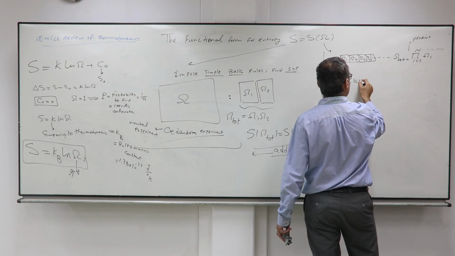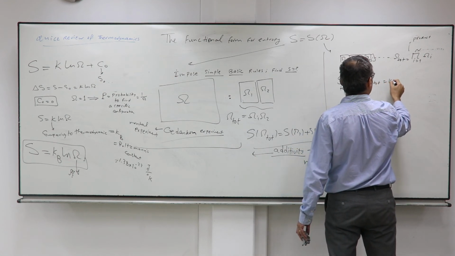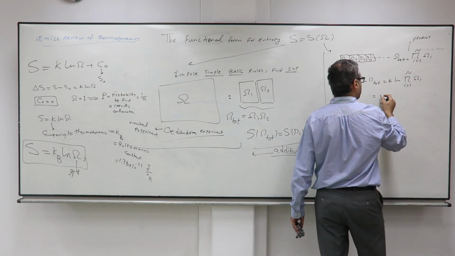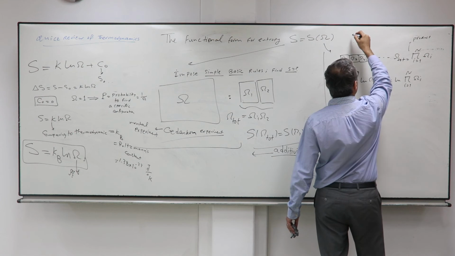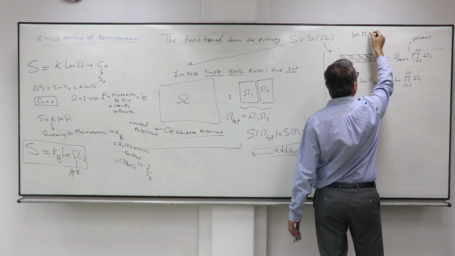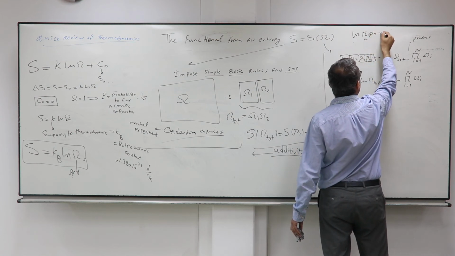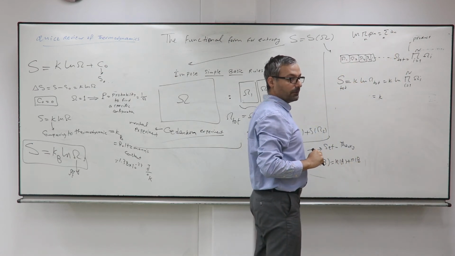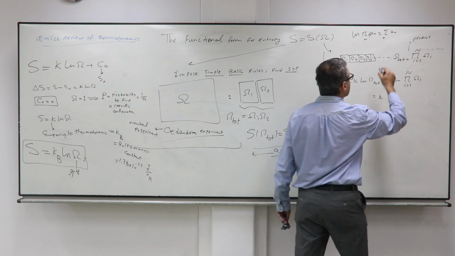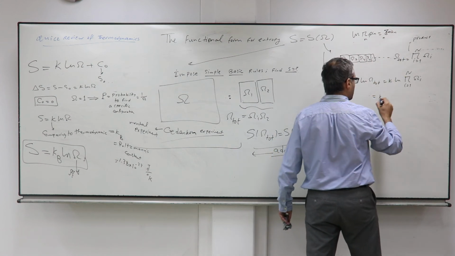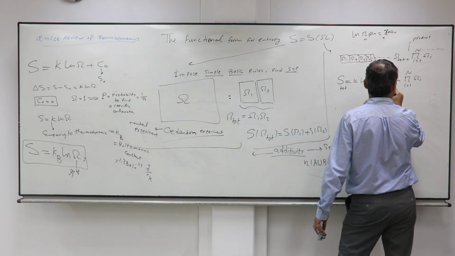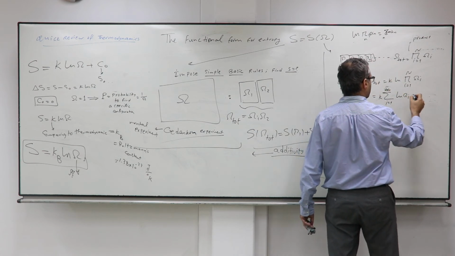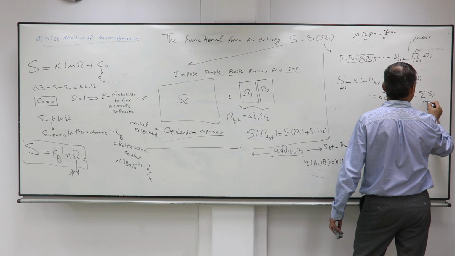S total will be k ln omega total, will be k ln of this product. You need to know that the ln of a product is just the sum of the ln of each one.